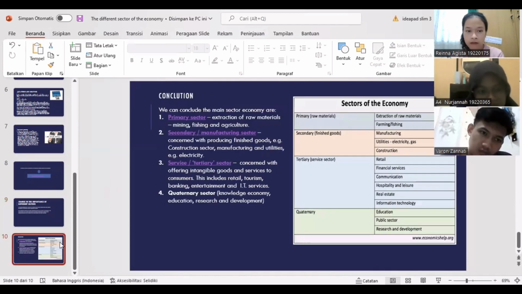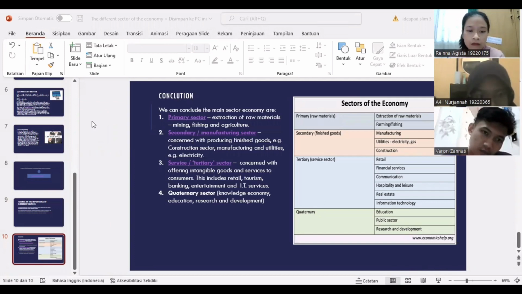Next, conclusion. We can conclude the main sectors of the economy are: the first is the primary sector, extraction of raw material, mining, fishing, and agriculture. Second, the secondary manufacturing sector, concerned with producing finished goods. Construction sector, manufacturing, and utilities, such as electricity.